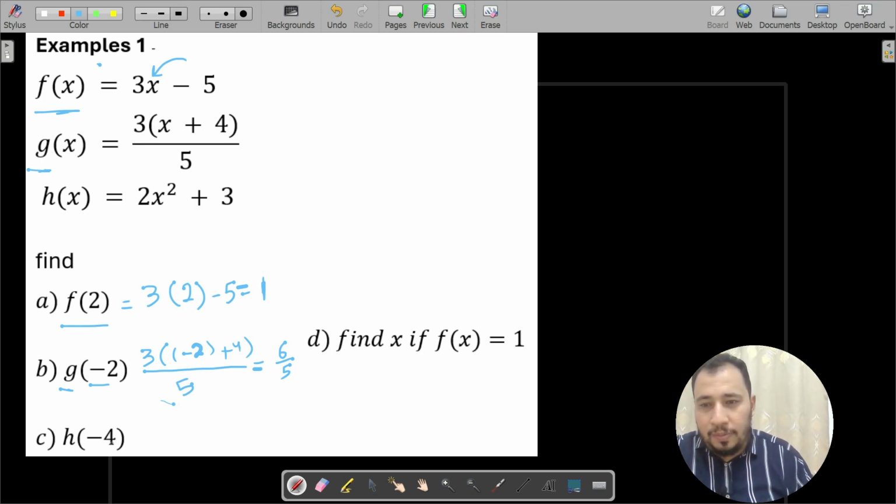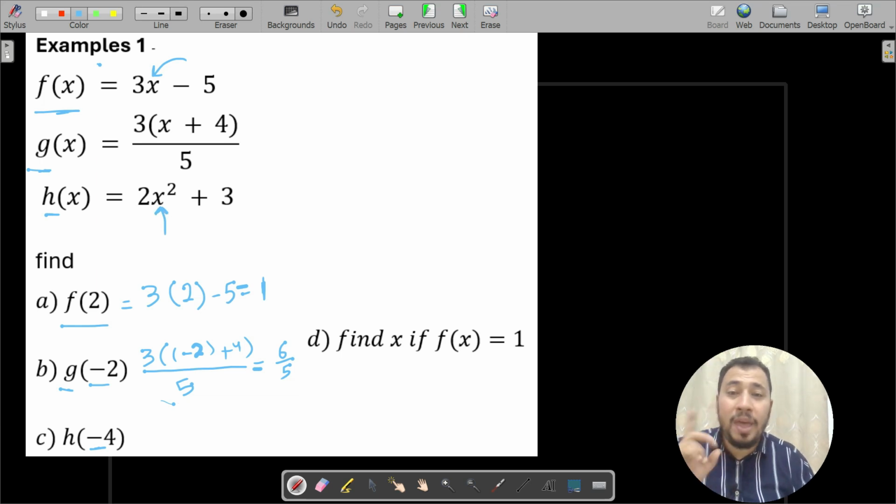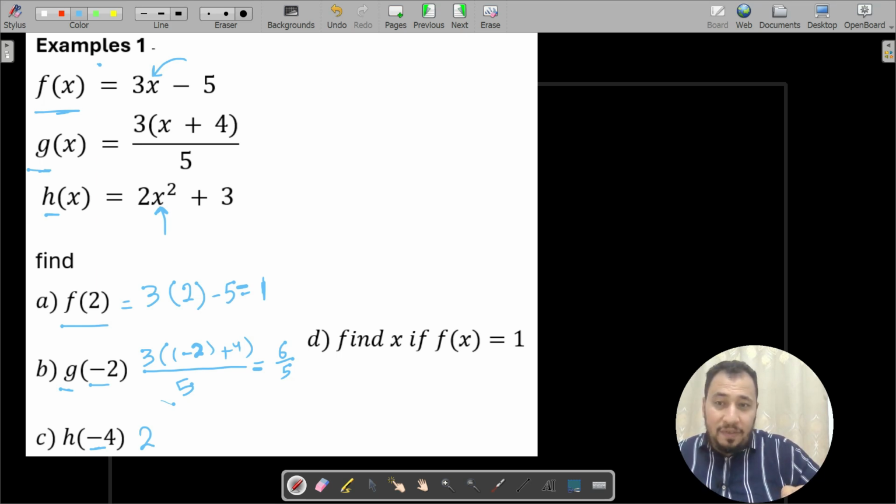I need to find h of -4, so I go to function h, substitute x here with -4, and pay attention to that, please. I'm going to write 2 here, and instead of x, I'm going to write -4. Because x is negative and it's squared here, as you can see, it should be in brackets, -4, all squared.